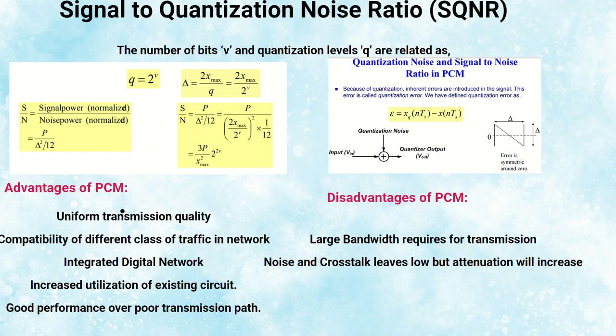Then we can see the advantages and disadvantages of pulse code modulation. First, uniform transmission quality can be maintained by pulse code modulation, and compatibility of different classes of traffic in the network can be achieved.